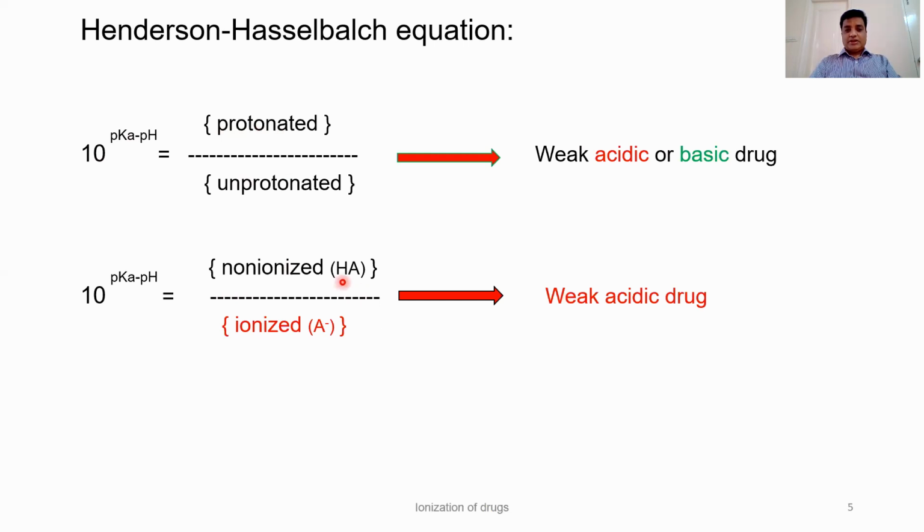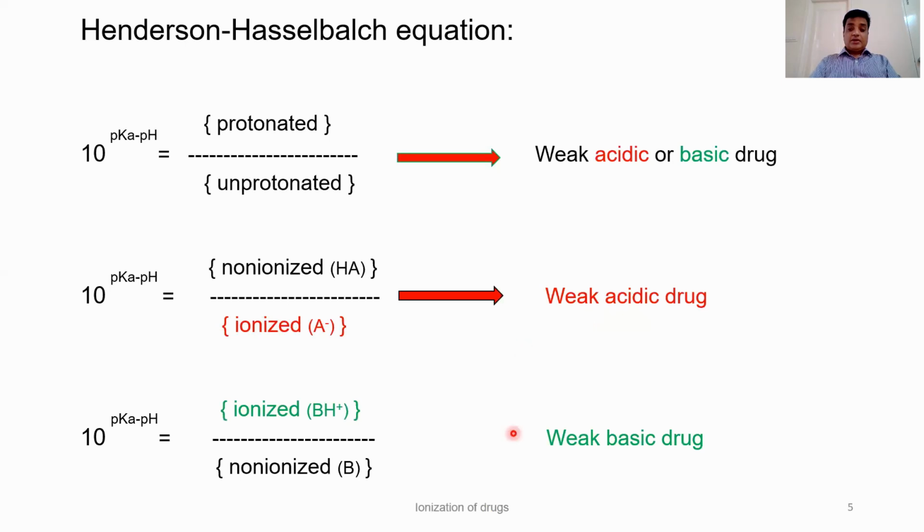You have protonated HA. That's why it is in the numerator. The unprotonated form of an acidic drug is without proton, ionized, so it becomes the denominator. This is the formula for an acidic drug. Similarly, for a basic drug, the protonated form is charged, ionized, whereas the unprotonated form for a basic drug is non-ionized without any charge.